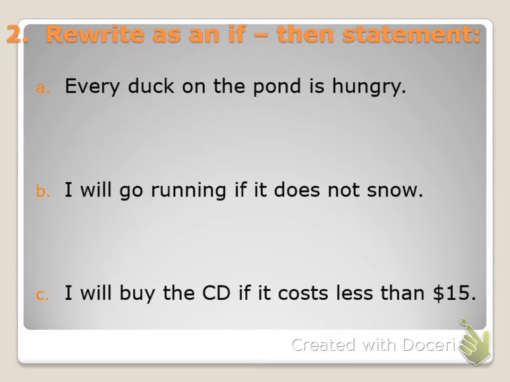On the next set of examples, we are rewriting these as if-then statements. So we have a statement, every duck on the pond is hungry. We have to rewrite that starting with an if and then also having a then.